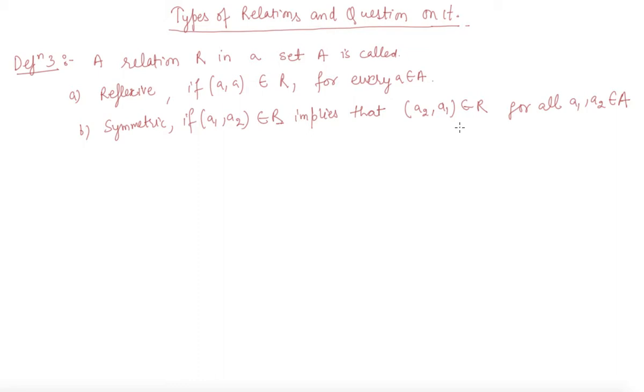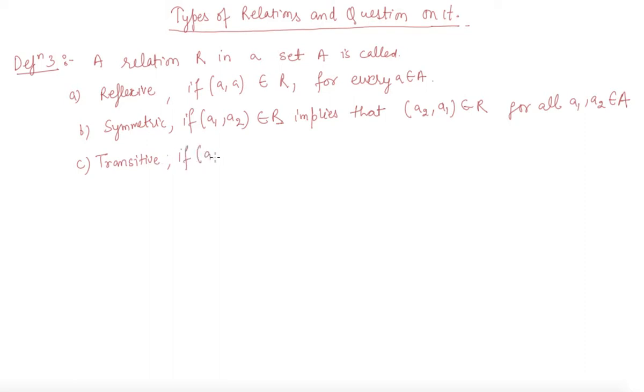Okay students, now let's discuss the third one, which is transitive. We will discuss questions on each and every relation so that you will clearly understand what this relation means.